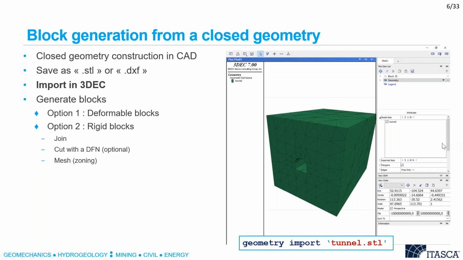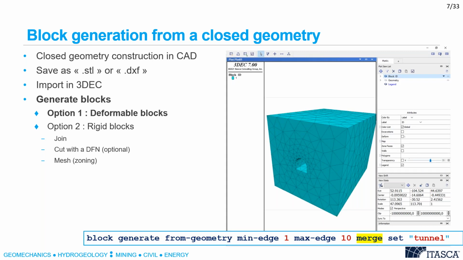So here on the right, I see geometry in 3DEC. This is not a 3DEC block model, but only a geometry. And this meshing comes from the geometry from the DXF or STL file. The second step in 3DEC is to generate the blocks inside this geometry using this command, block generate from geometry.